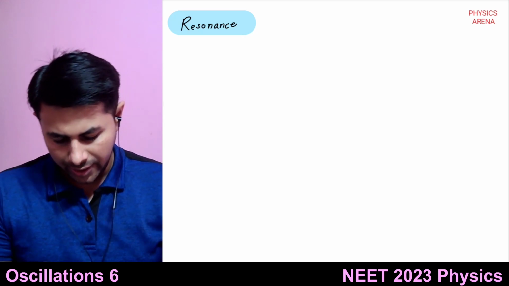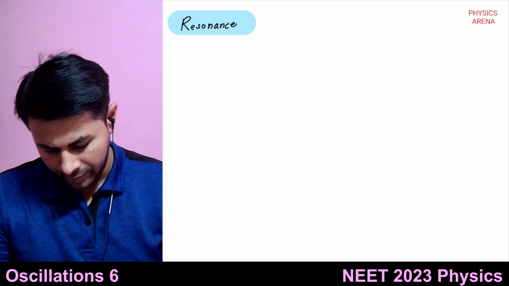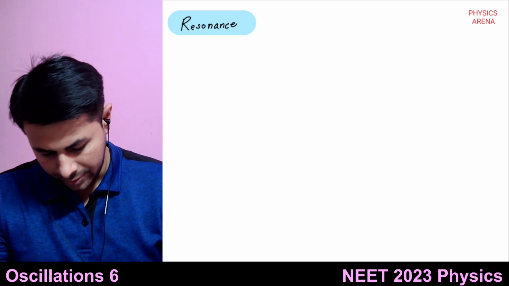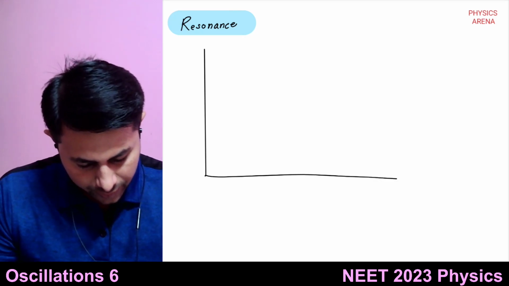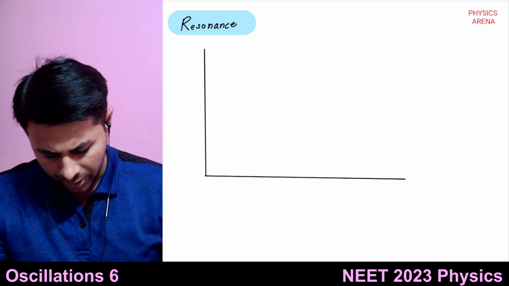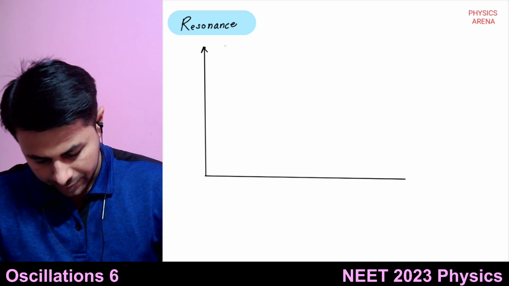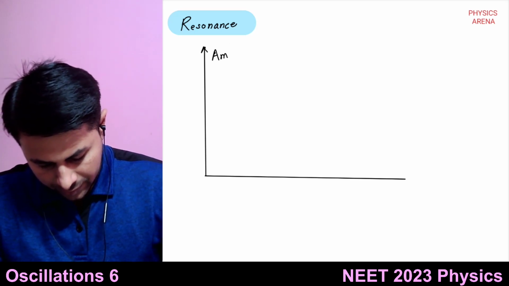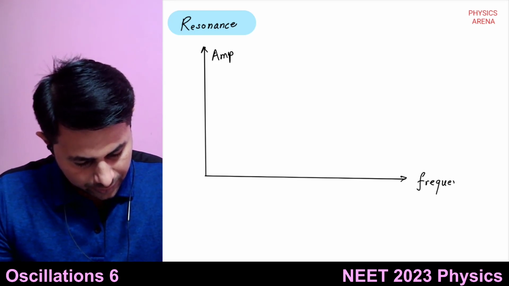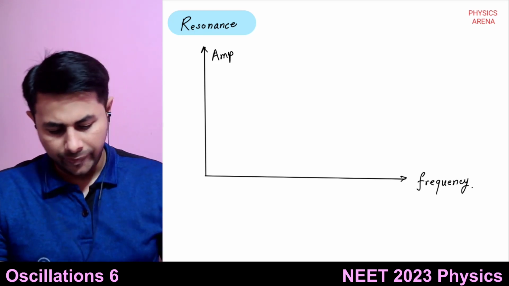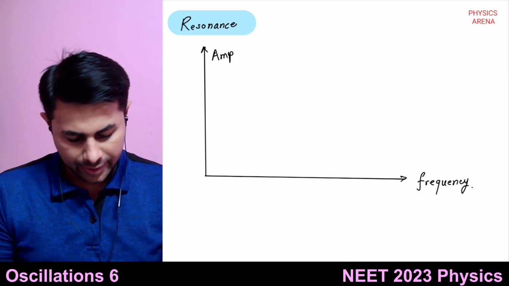If we plot the graph of the amplitude of oscillation versus the frequency, the graph will look like this.